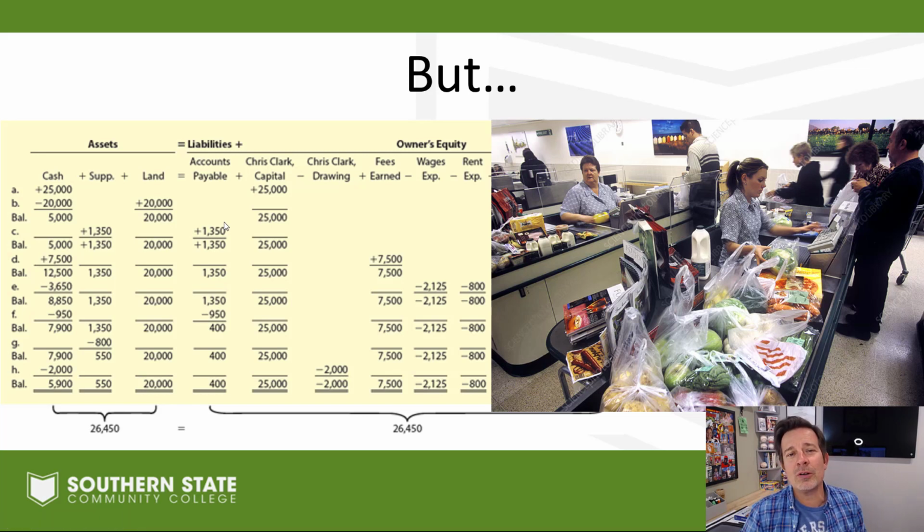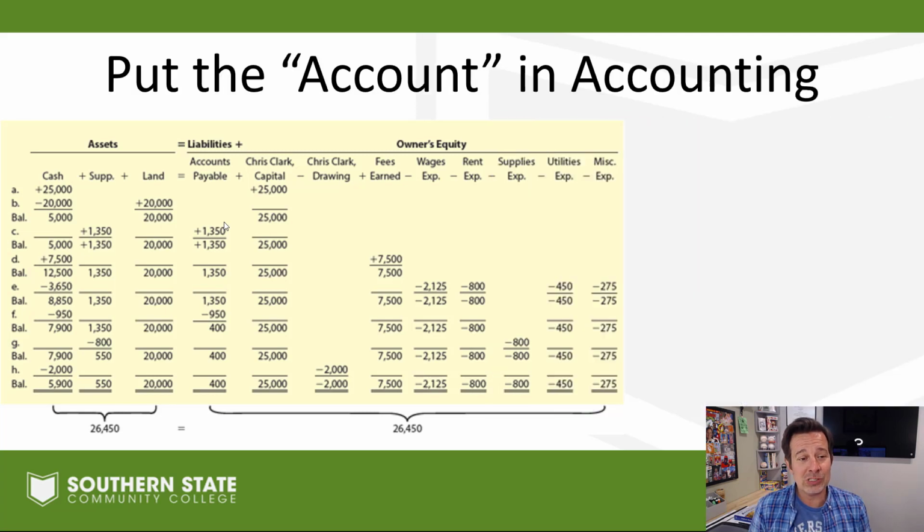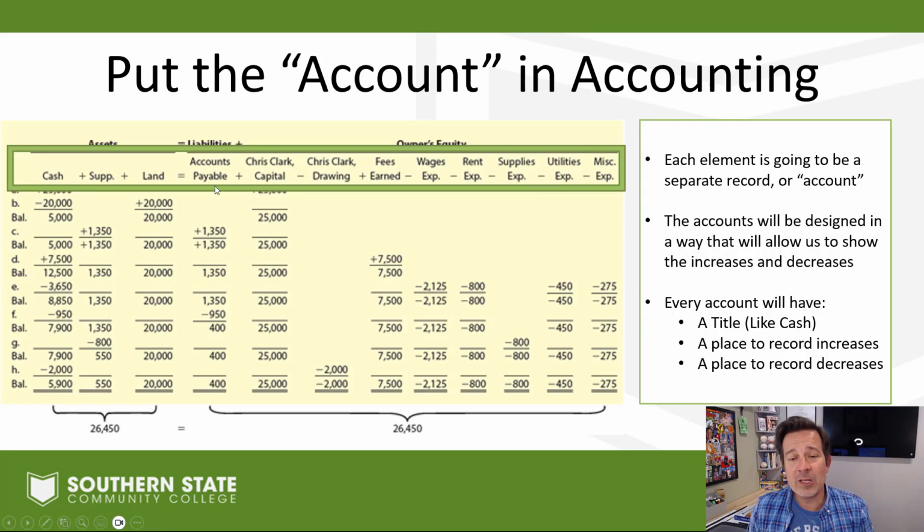We're actually going to start recording transactions, not in the accounting equation, but into the accounts that are within that accounting equation. We're going to put the account in accounting. We're going to take these separate accounts. Every element underneath the accounting equation is going to be its own separate record or account. The accounts are going to be designed to show us increases and decreases.